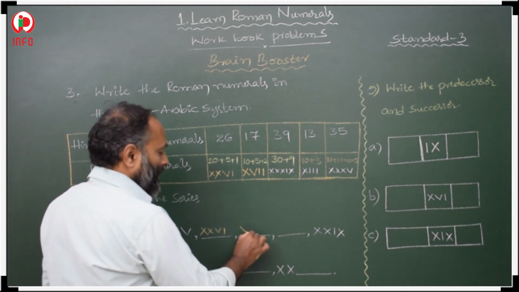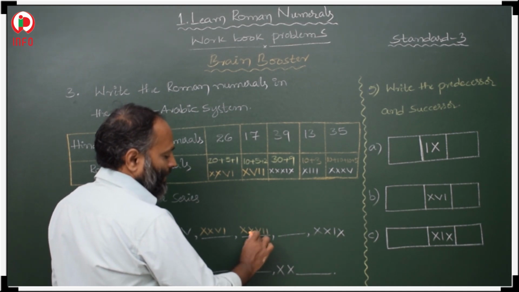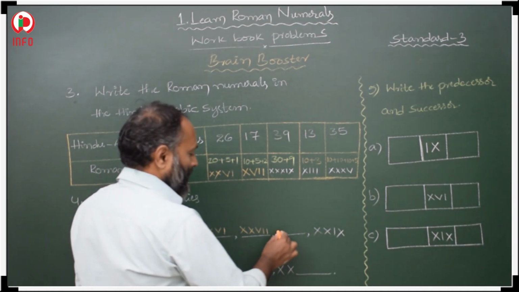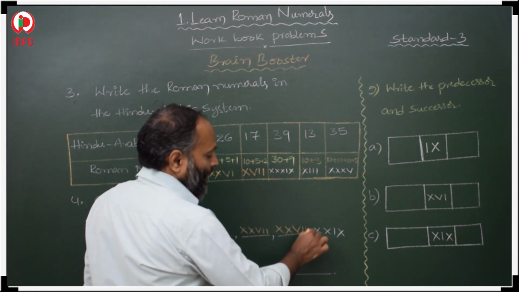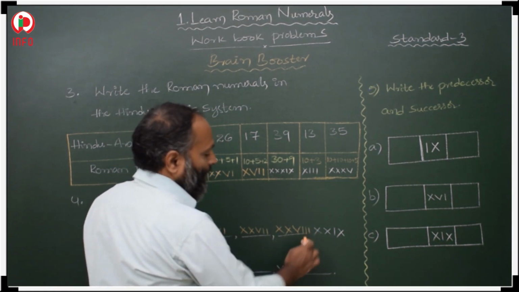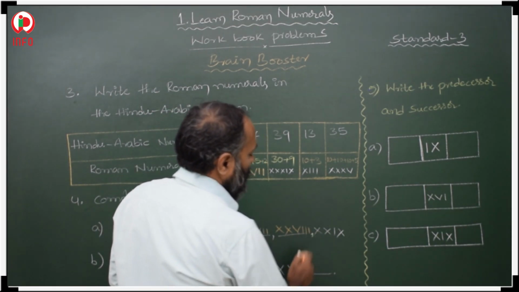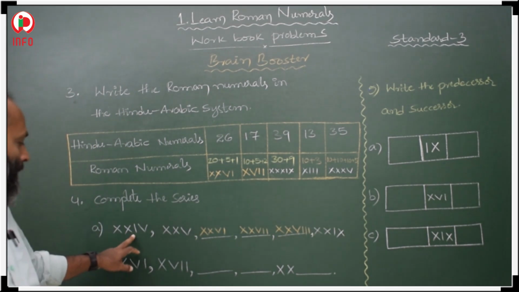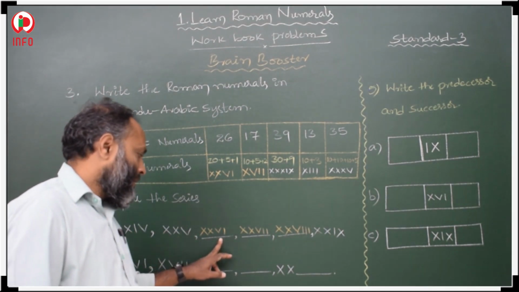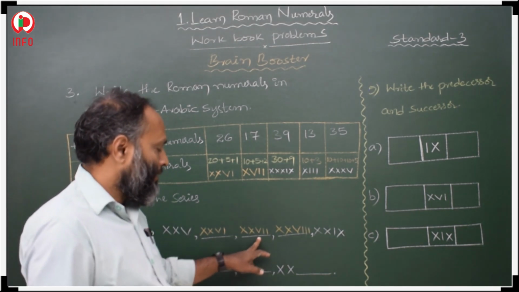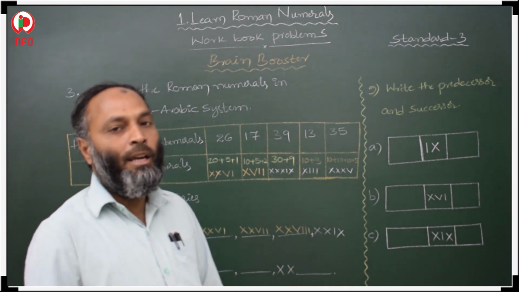Next, X, 10 plus 10, 20. 7 is VII, 27. Next, 28. X is 20, VI is 25. So then 28 is XXVIII. 24, 25, 26, 27, 28, and this is 29.